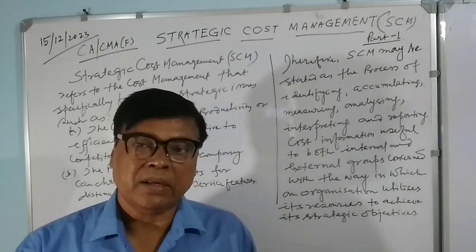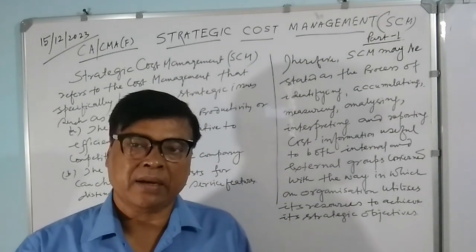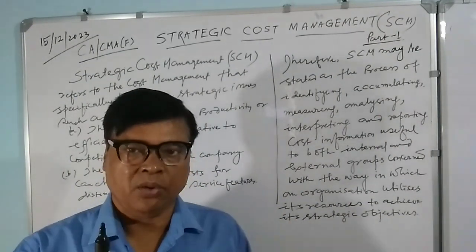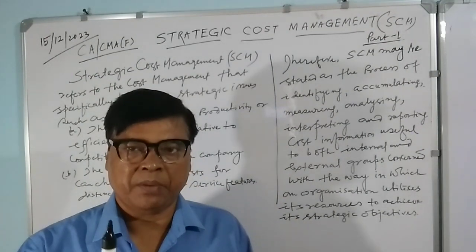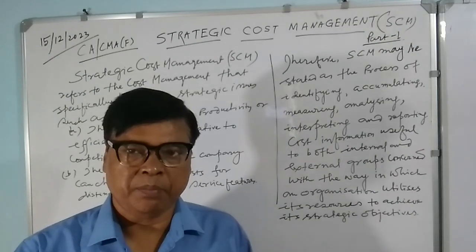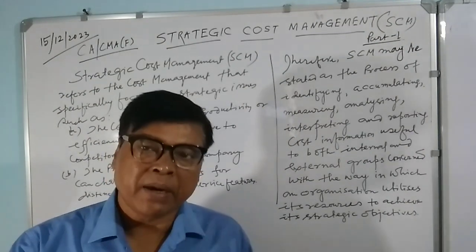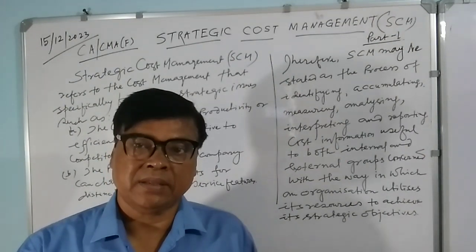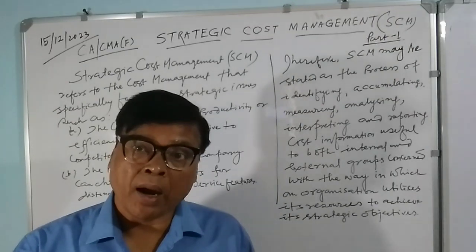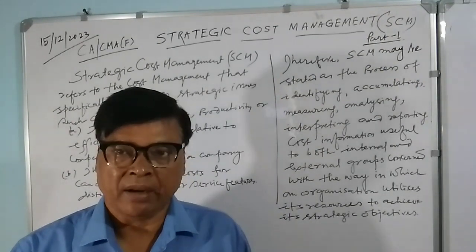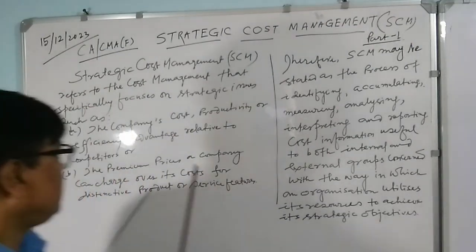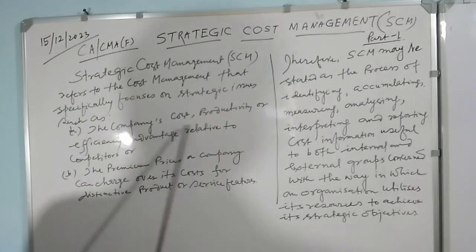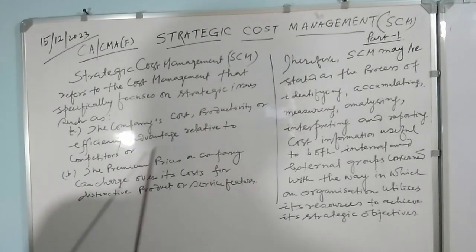So you have to understand what strategy they are taking, be it for cost purpose, value addition purpose, quality purpose, or marketing purpose. Whatever strategies they are taking, you have to be aware of that. Not only aware, you have to implement it in your organization. That means the company's cost, productivity or efficiency advantage.